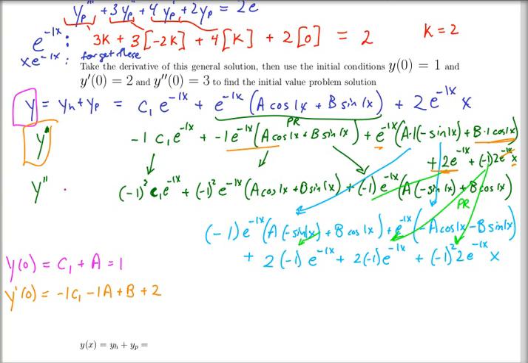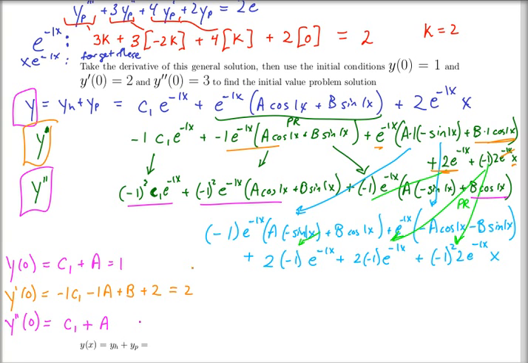The third equation, let's do this one in pink again. Now y double prime 0. I forgot to mention that this is equal to 2 as given. So for y double prime 0, we're going to take this term, which is going to be c1. This term is going to be plus a.